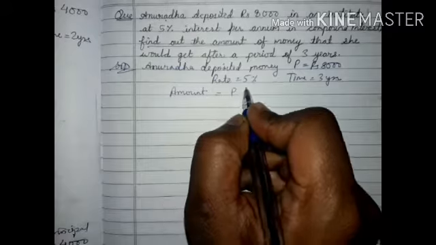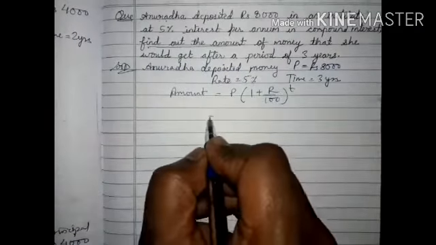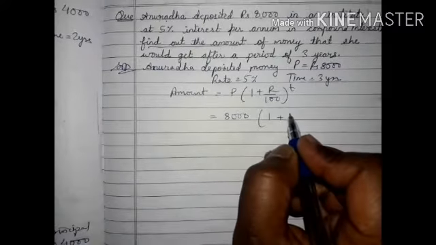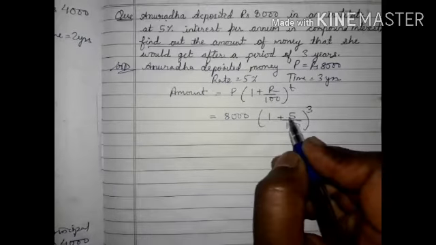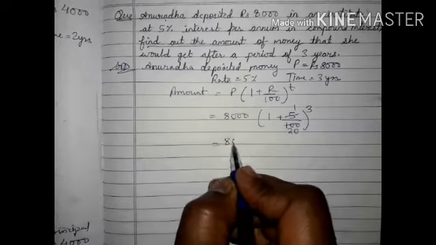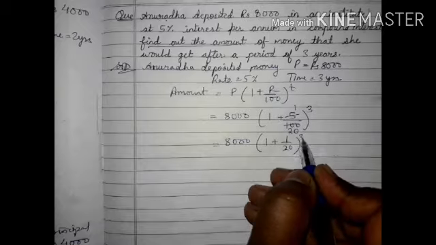So amount is equal to principal 1 plus r upon 100 power t. So principal is 8,000, 1 plus r value is 5 upon 100 power 3. So 5 ones are 5, 5 twos are 10, 5 zeros are 0. So 8000, 1 plus 1 upon 20 power 3.